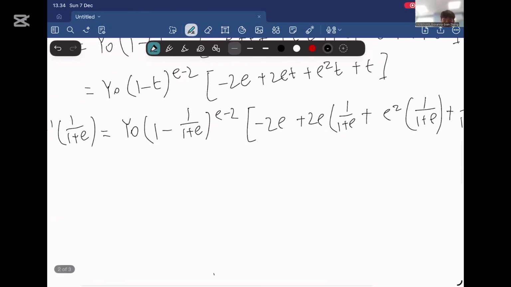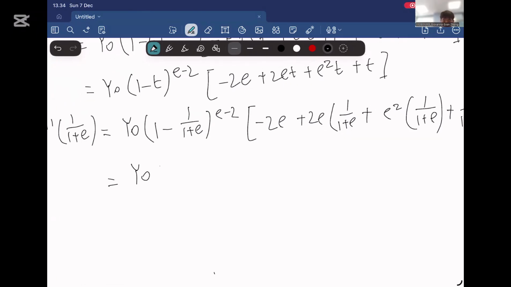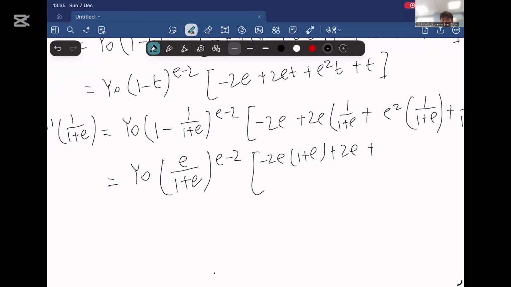Next, Y0 times (E per 1 plus E) to the power of E minus 2 times [-2E times (1 + E) + 2E + E squared + 1 per 1 plus E].